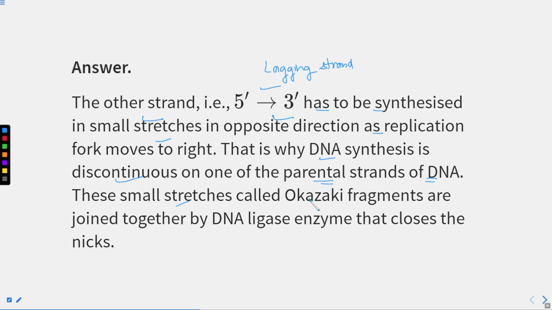These small stretches are known as Okazaki fragments, and they are joined together by the enzyme DNA ligase that closes the nick. And then a complete DNA polynucleotide is made.